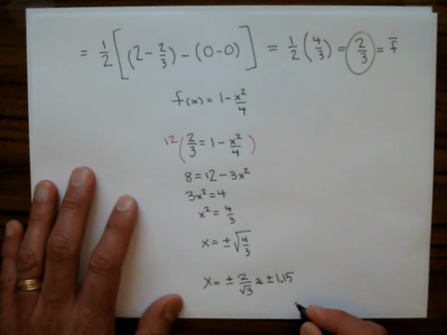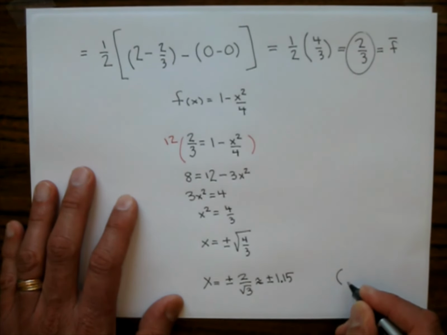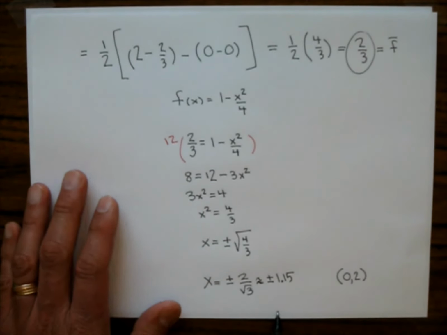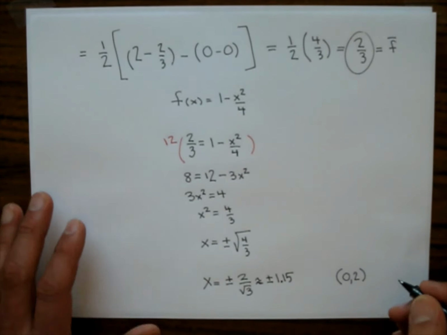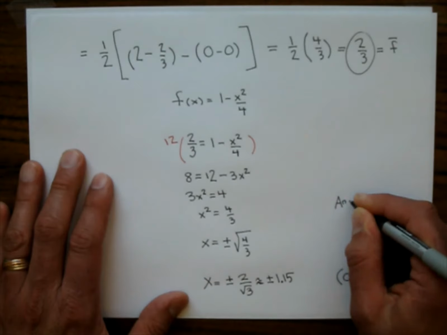And our time interval was 0 to 2. So it says find all points within this, or times within this time interval at which the function equals its average value. Well, you're not going to go with the negative because it's not in that time interval. So here's the answer.